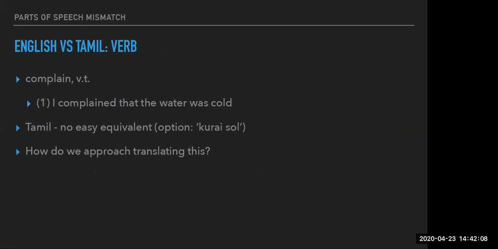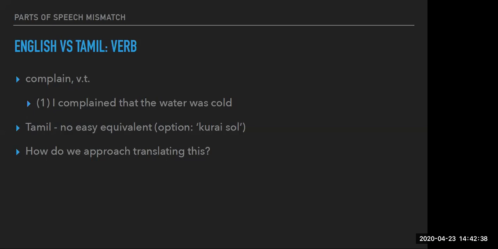Yeah. So a verb like complain. In English and in any language, complaining is such a basic human concept. So it's not that the concept of complaint doesn't exist, but you can use it as a transitive verb in English to say, I complained that the water was cold. But in Tamil, there's no easy equivalent. So you have a head word like complain.